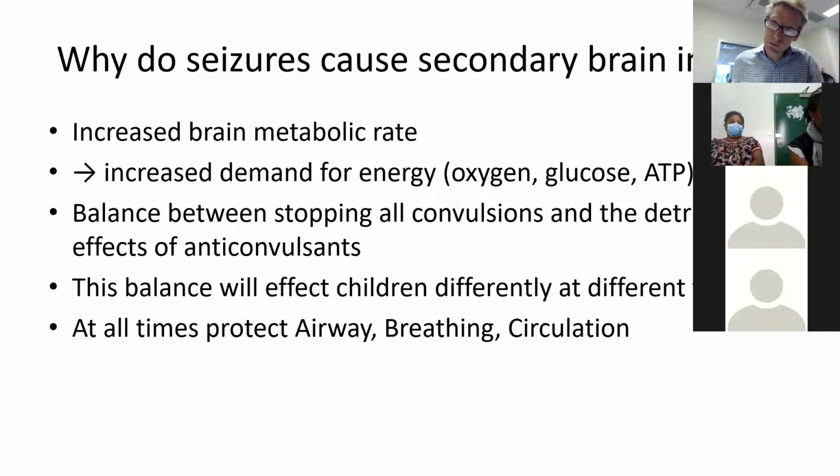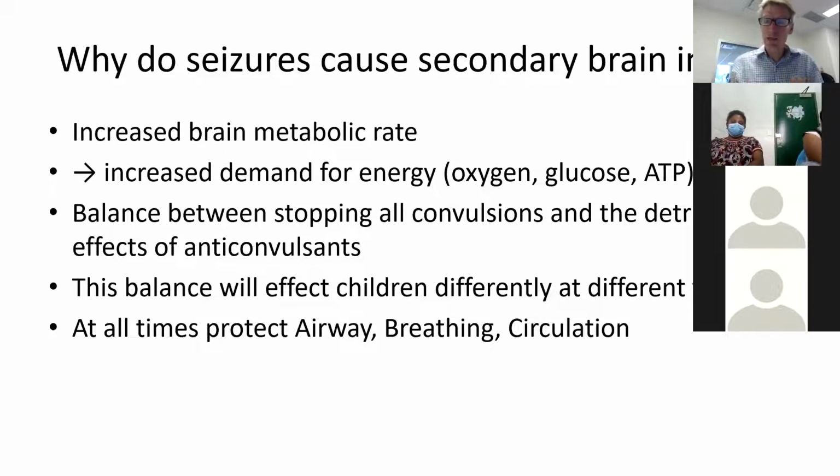Or the combination of the seizures and the anticonvulsants can lead to airway obstruction or suppression of breathing. So it's always a balance between needing to stop the seizures, which is very important, and making sure the anticonvulsants we give are not detrimental to the child's airway, breathing, and circulation.